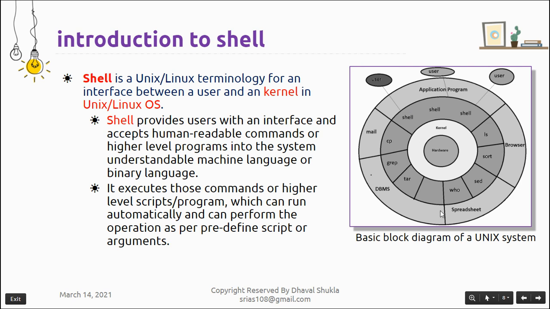So this shell is the main, or primary, structure in this operating system which converts the higher level language into the lower level program. Based on that, the kernel will understand and do the handshake process between the hardware and the user end, isn't it?